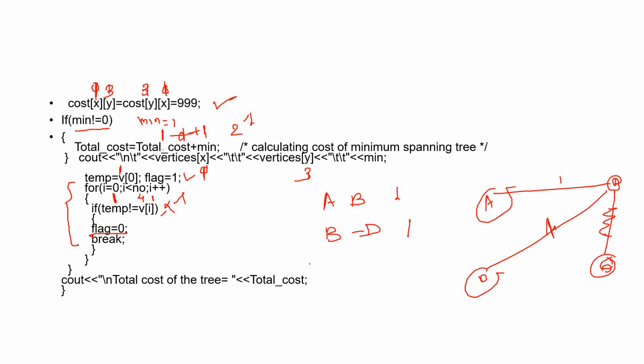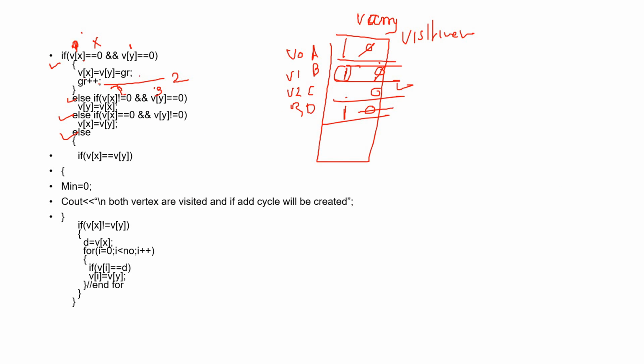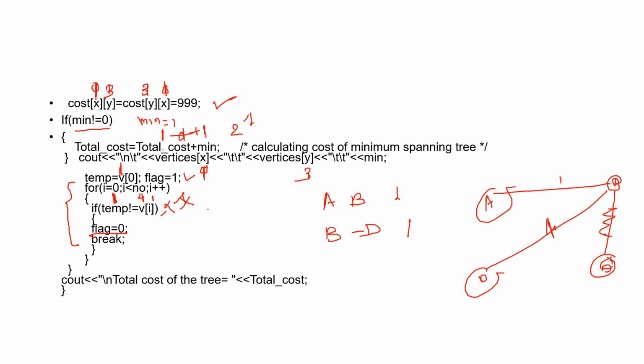Now again temp is equal to v of 0, which is 1, and flag is equal to 1. So again check whether all vertices are visited or not. Temp will start with 1, v of 0 is also 1, so 1 not equal to 1, condition is false. Next v of 1, temp is 1, v of 1 is also 1, so this condition is false.